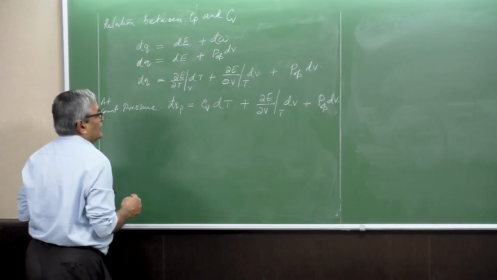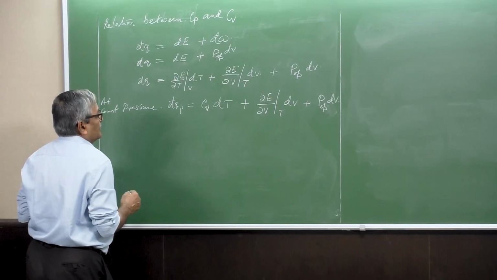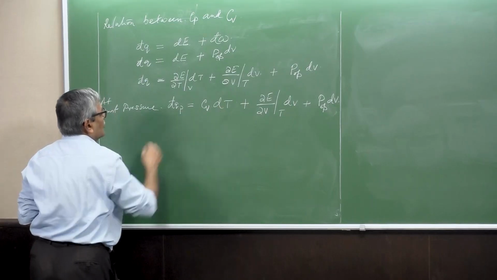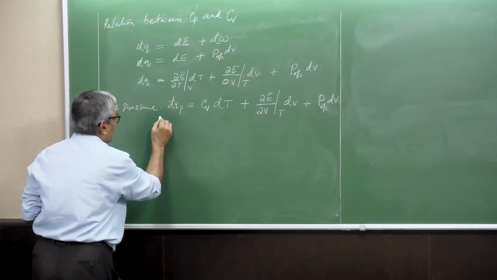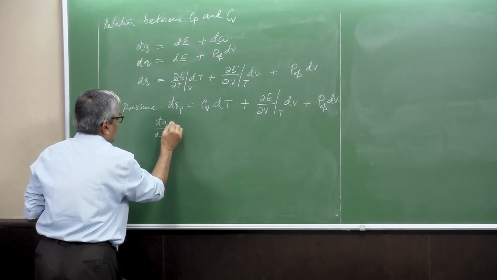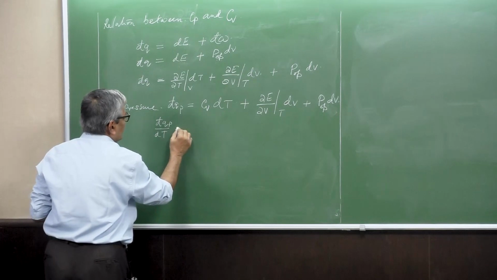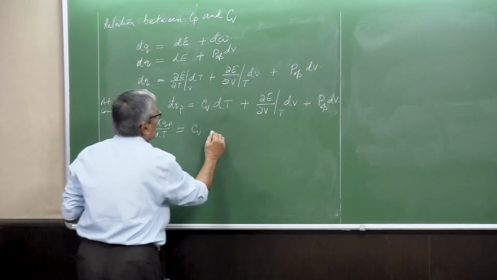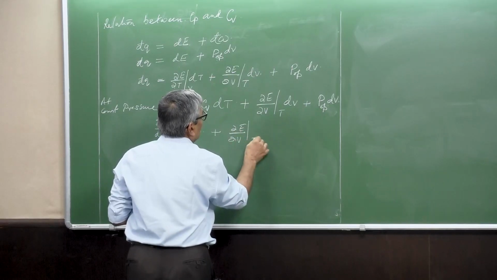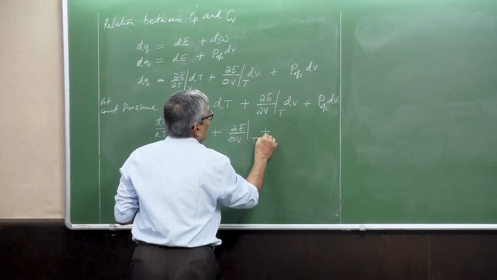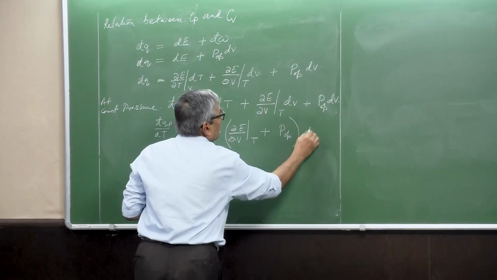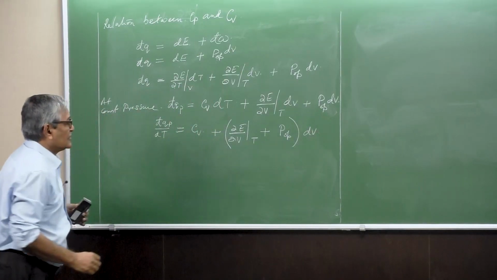If we differentiate both sides with respect to temperature, dQ/dT at constant pressure equals Cv plus (del E/del V) at constant temperature plus P opposing times (dV/dT) at constant pressure.